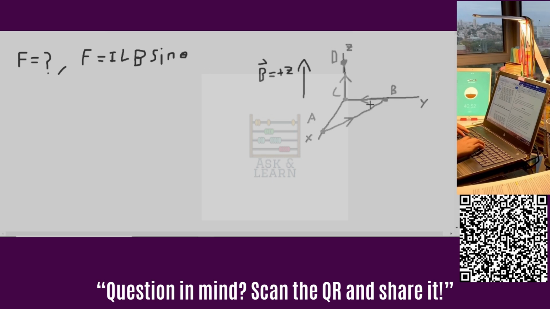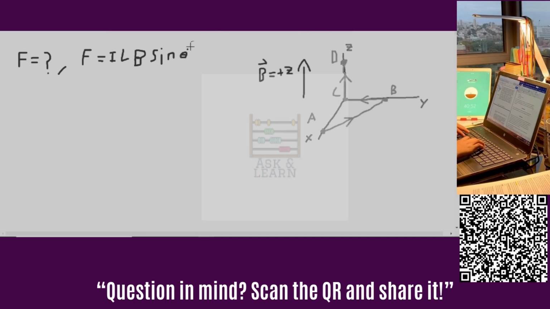When the magnetic field is in the same direction as the traveling current, theta is 0, and sine of 0 is 0. So for the line from C to D, we have no angle difference. They are in the same direction, or parallel, which means that theta is equal to 0.